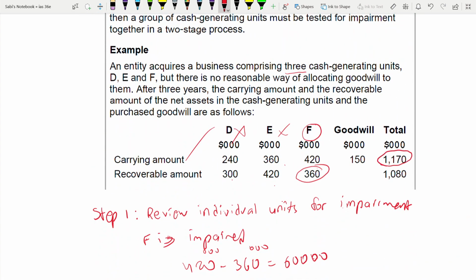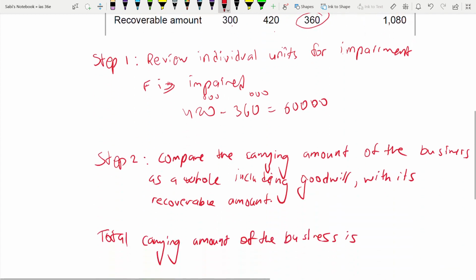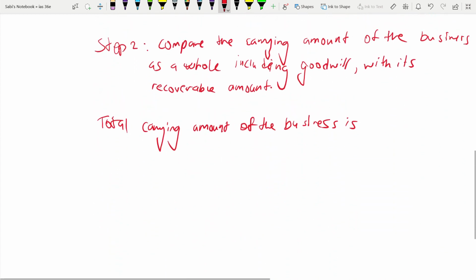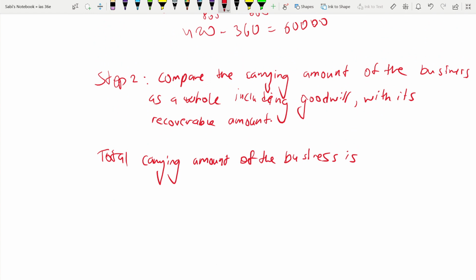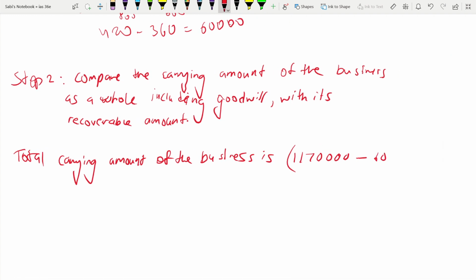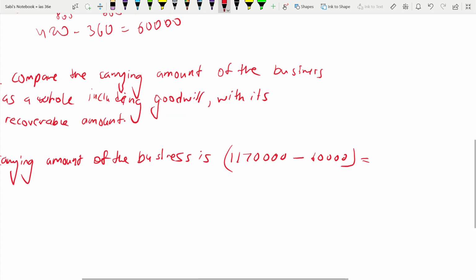You deduct 60,000 because 60,000 is the impairment. So it is 170,000 minus 60,000, which is equal to 111,000.